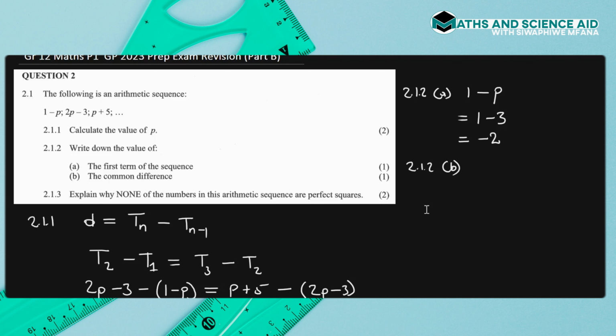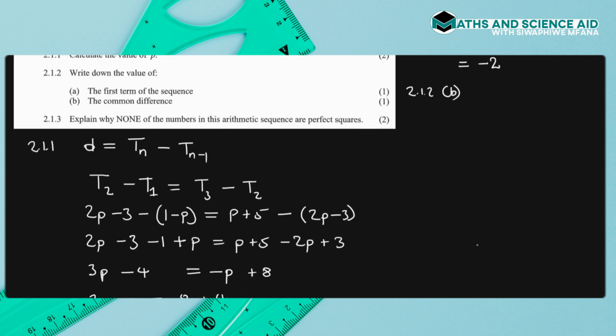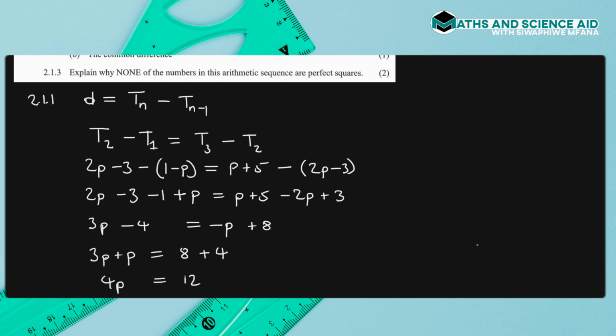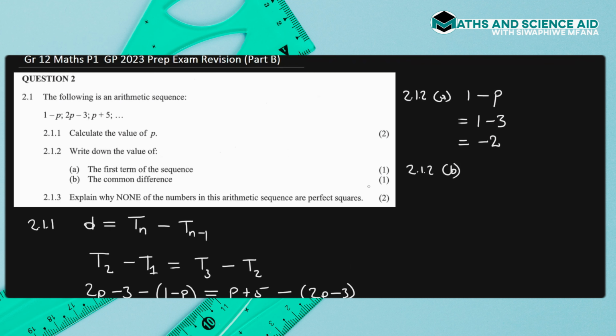And we had already simplified this in 2.1.1. For example, if we want to use T2 minus T1, we can see that the difference is 3p minus 4. So this means that to find the difference we can use the 3p minus 4.